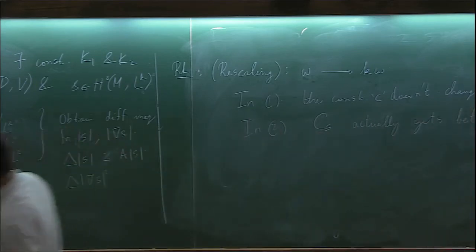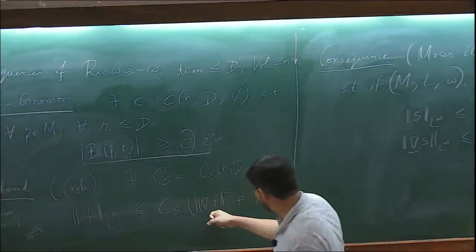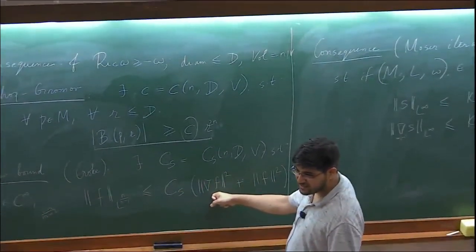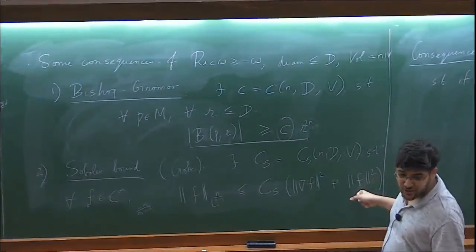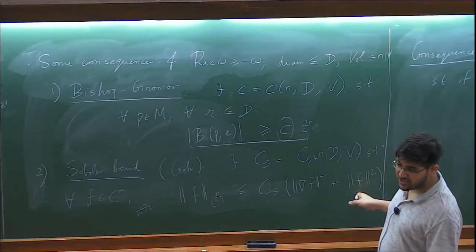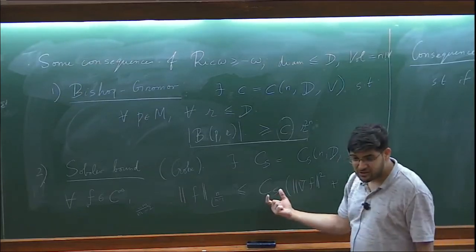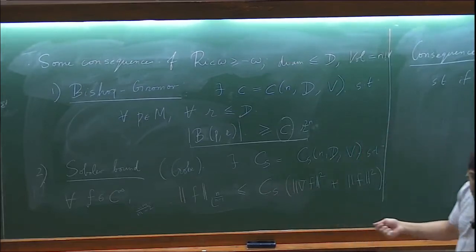If you do a similar rescaling argument, the factor that comes from here gets cancelled by the factor that comes from here, but then you have an additional factor here which is actually helpful. When k is big, that factor is going to be small. Which means that your Sobolev constant that worked for omega also works for k omega.